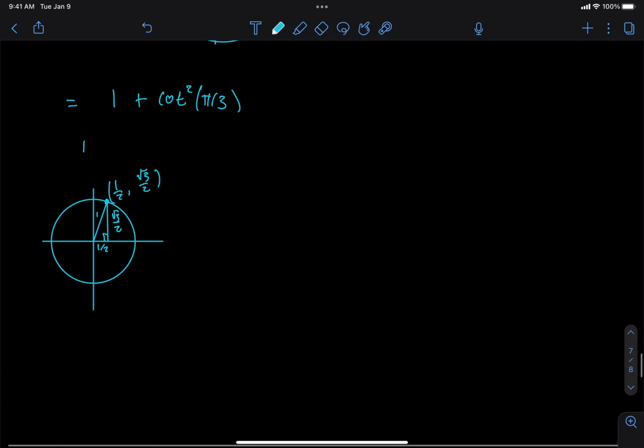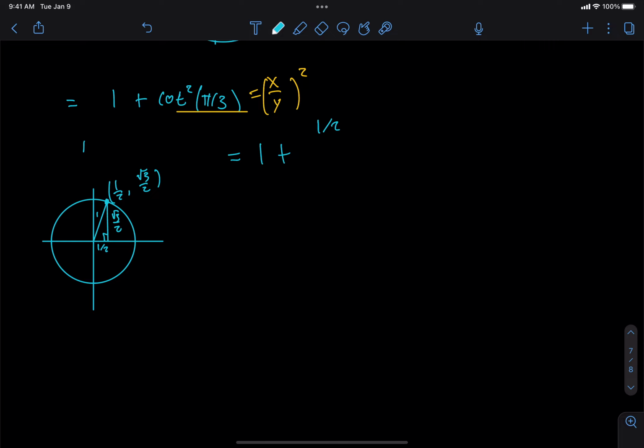So if you want, you can go ahead and just do the following. You can say, okay, I'm going to do cotangent squared of this thing. Cotangent is going to be x over y, right? Actually, cotangent squared is going to be x over y quantity squared. So this would be 1 plus, and now I'm going to do x, which is 1/2, divided by the square root of 3 over 2, all squared.